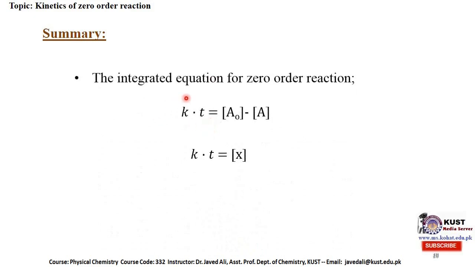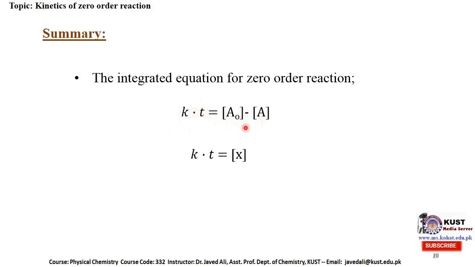The integrated equation for zero-order reaction: kt equals A naught minus A, where A naught represents the initial concentration of reactant and A represents the concentration of reactant at any time. k represents the rate constant and t represents the reaction time.